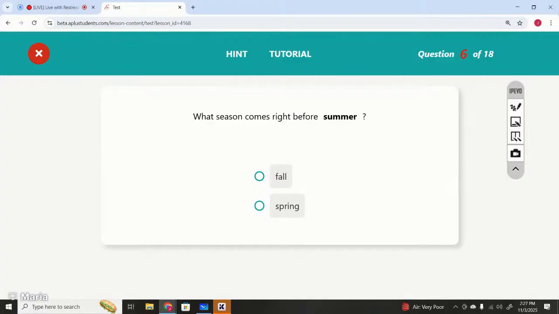What season comes right before summer? Right before summer it is spring. The correct option is spring.